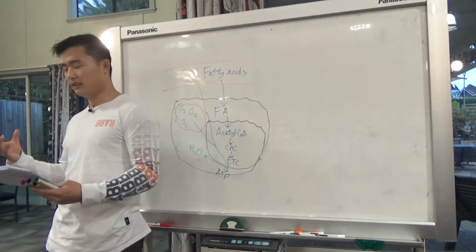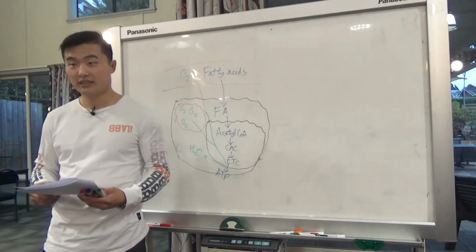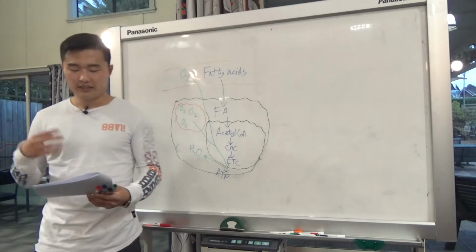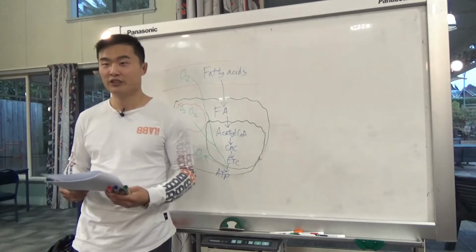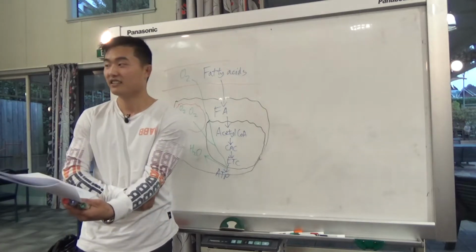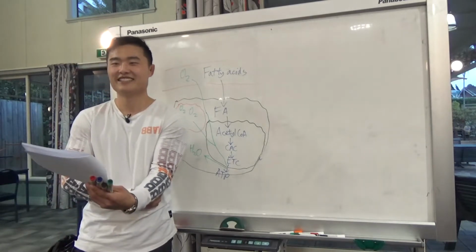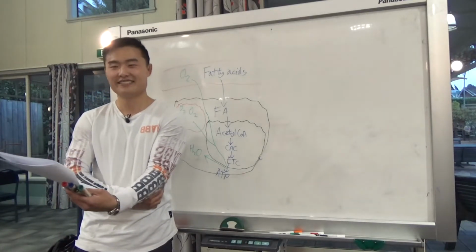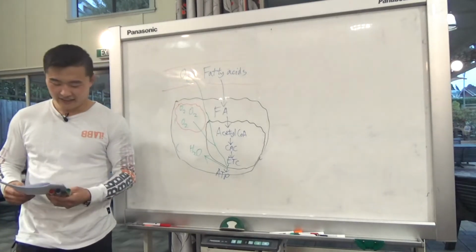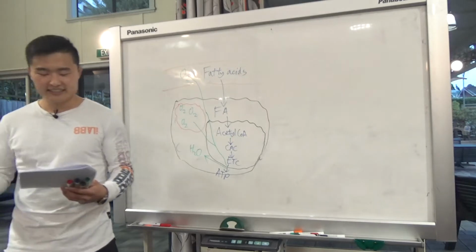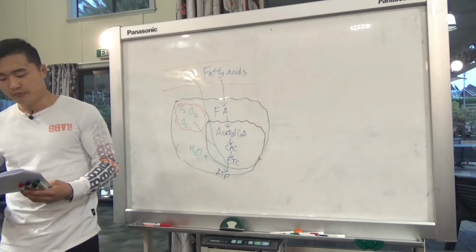What wouldn't you want to break down? Yeah, glycogen. So glycogenolysis is going to be inhibited by insulin. And what else would you not want to break down? What's the breakdown of lipids called? Yeah, lipolysis. Great, so it's lipolysis, gluconeogenesis, and glycogenolysis. They're inhibited by insulin.